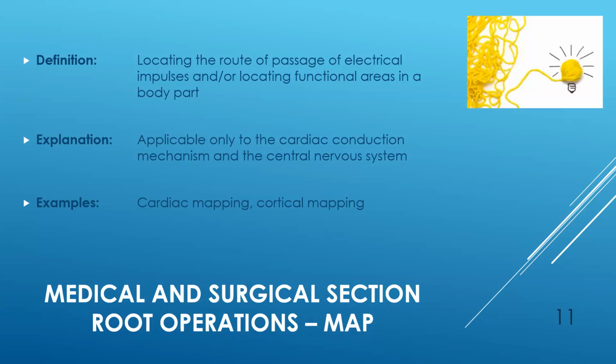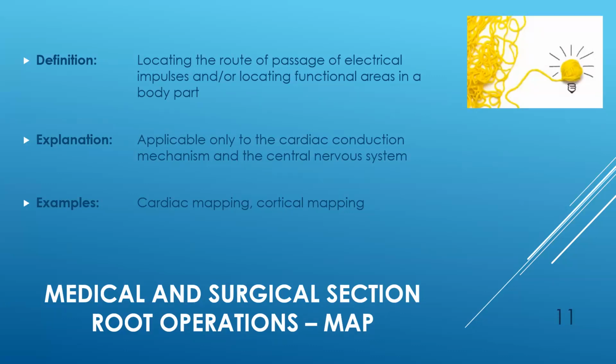So the definition for map is locating the route of passage of electrical impulses, or locating functional areas in a body part. This is growing. More and more neurological studies are done with musculoskeletal problems, or why something's not healing. So this may be one area of PCS we see expand in the near future.